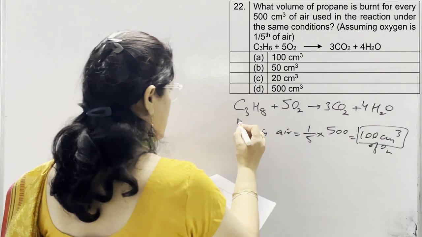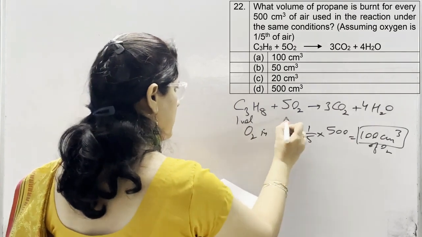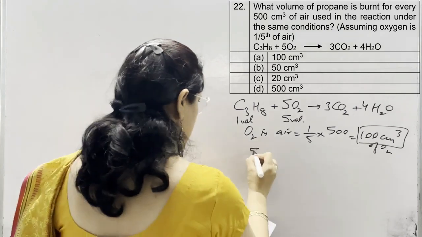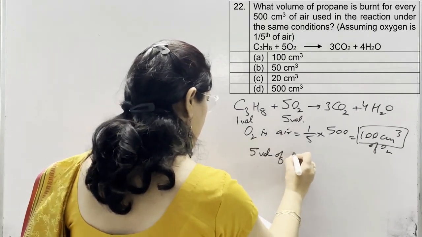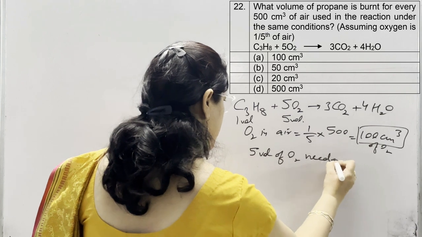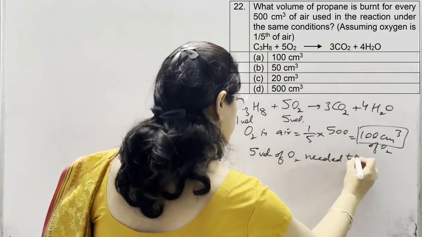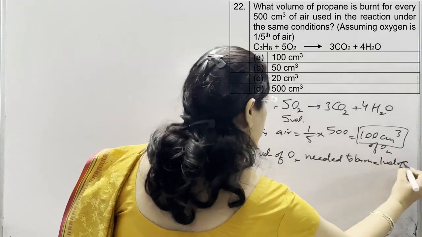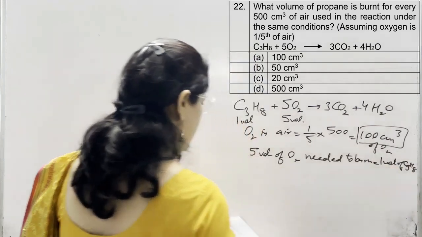Now coming to the reaction, 1 volume of propane is burnt in 5 volumes of oxygen. So 5 volumes of oxygen are needed to burn 1 volume of propane, C3H8.